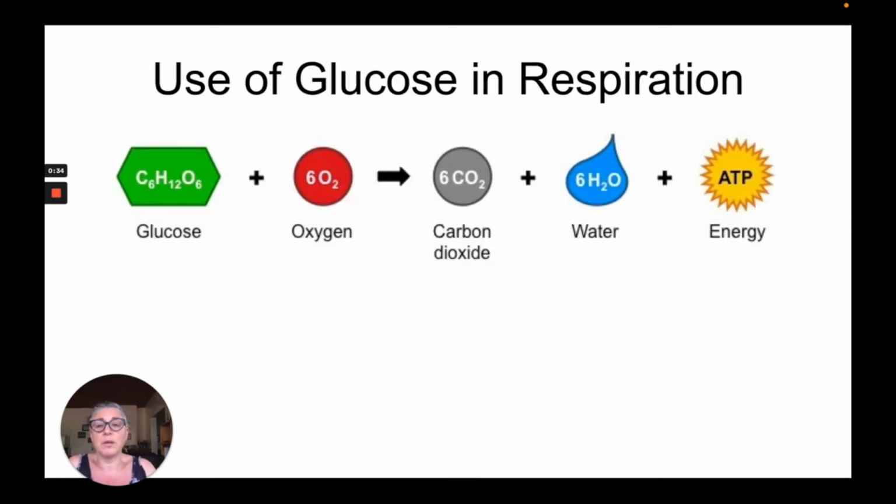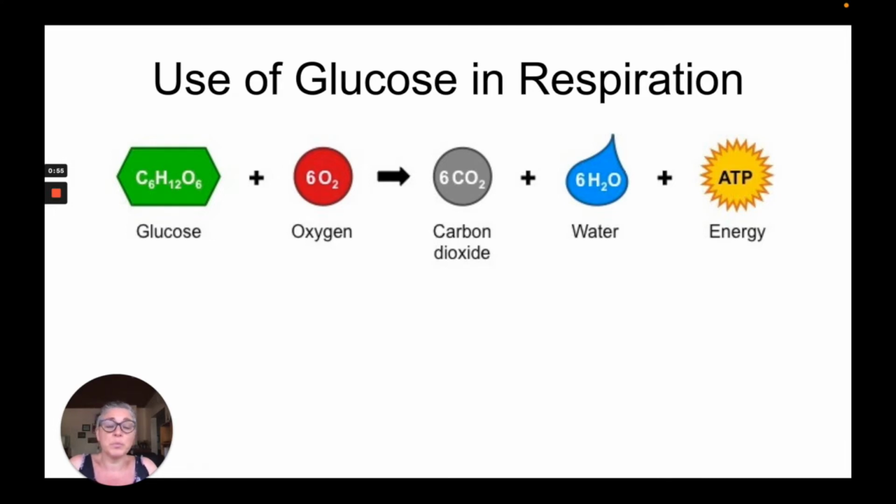And so here we have the glucose molecule, otherwise known chemically as C6H12O6, is going to combine with 6 oxygen molecules, and those 2 molecules in respiration are the reactants.